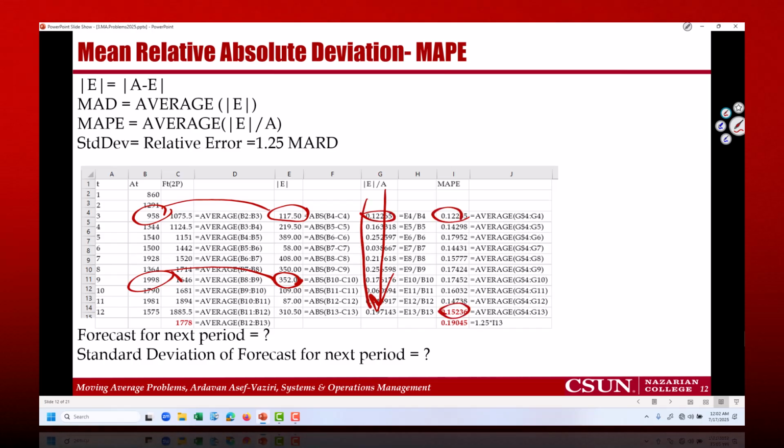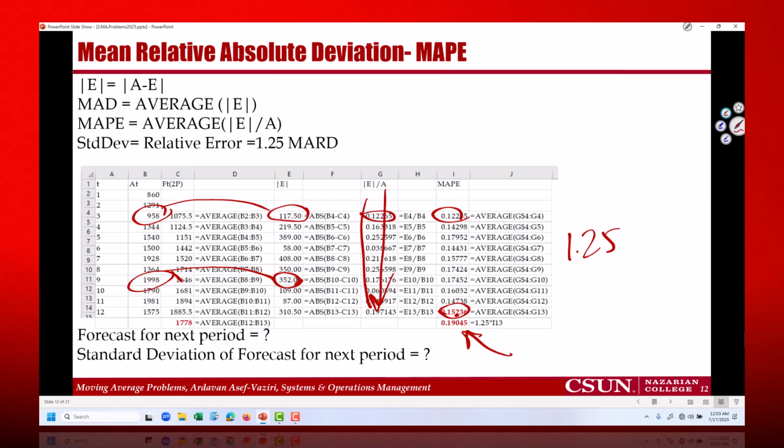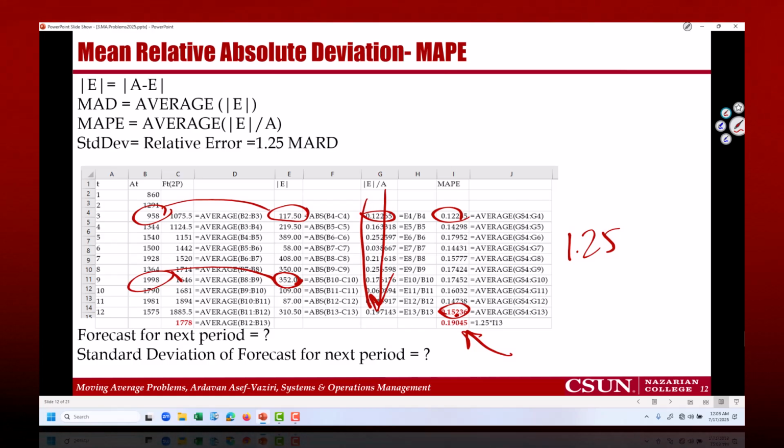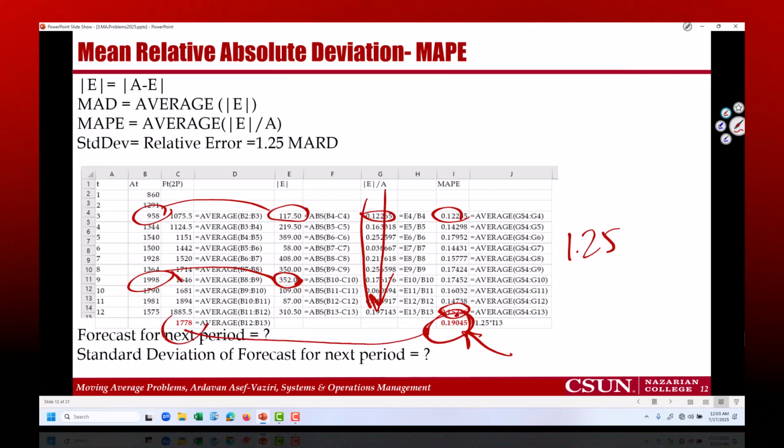If I multiply this by 1.25, I will get this one, and that is the coefficient of variation of forecast. If I'm going to compute the standard deviation, I should multiply this coefficient of variation by this forecast, and that would be my standard deviation of forecast.